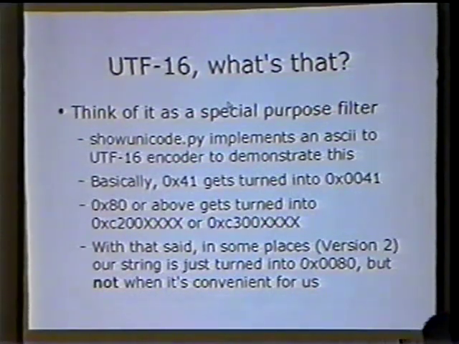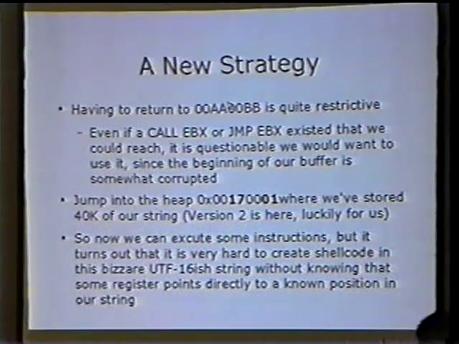In some cases with this string, the reason we don't need it is that sometimes the Unicode function that you run through just turns anything into 0, 0, and then that thing. So sometimes you get lucky, but you shouldn't have to rely on that. As you find that people are rebasing their DLLs or doing other things, it's often almost easier just to jump into the heap.